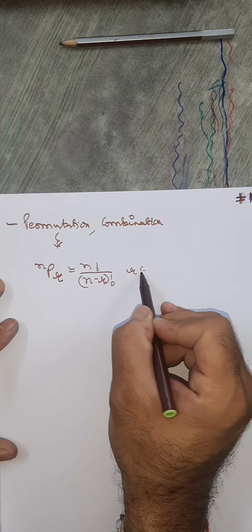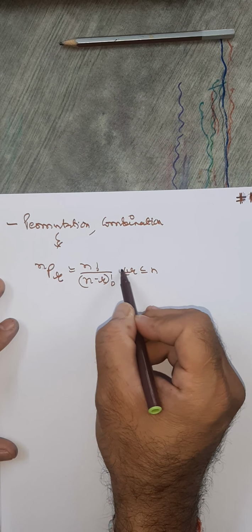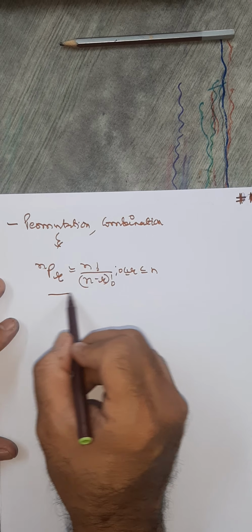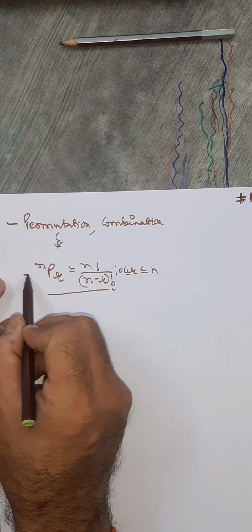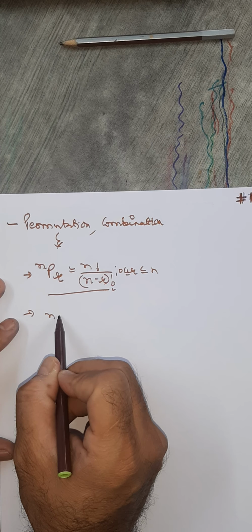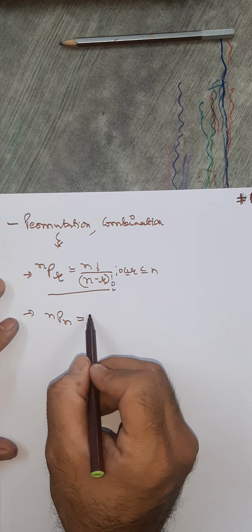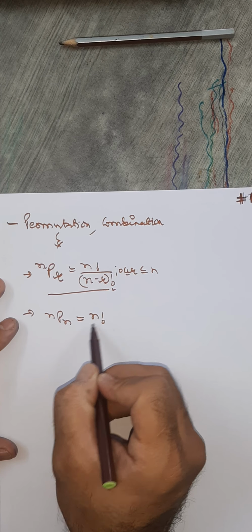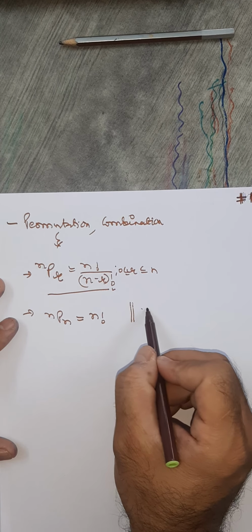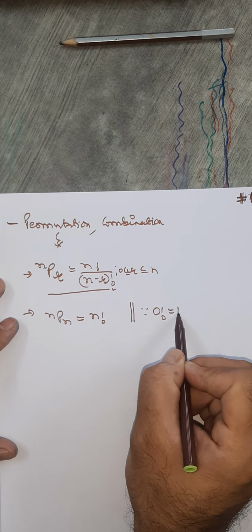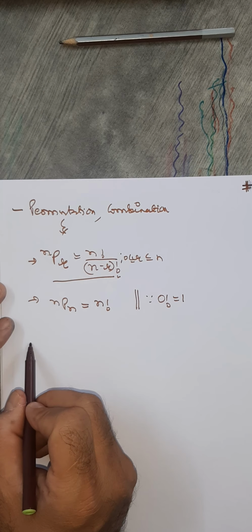Here r is less than or equal to n, r can be 0 also. Remember this. From this we know that nPn, that is n factorial upon 0 factorial, which is just 1. So nPn is 1. We know that 0 factorial is 1, remember. Okay, fine.